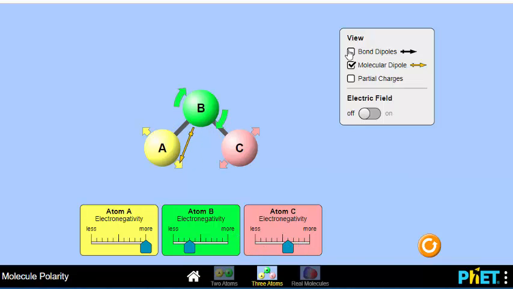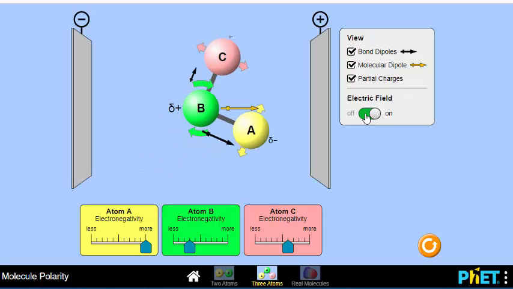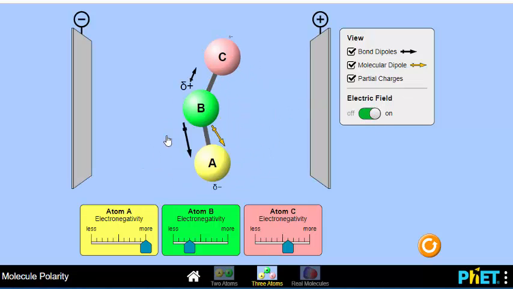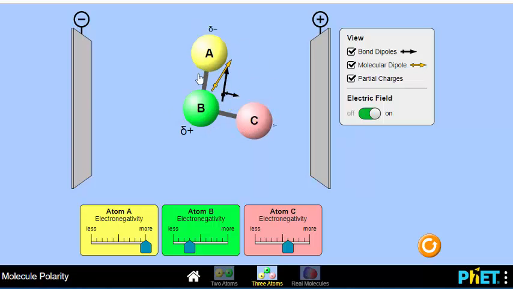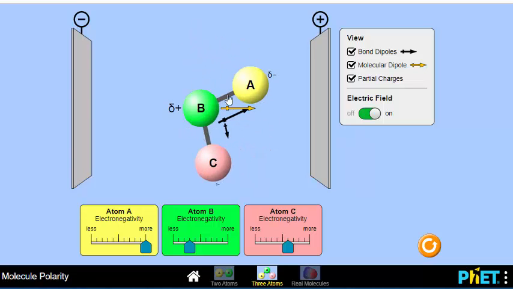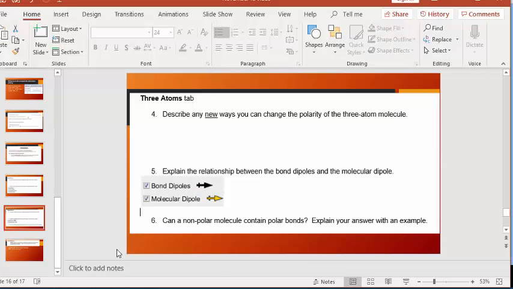Because it's a molecular dipole arrow we are looking at. We have our bond arrows. We can see where the more polar side is. And then we can look at our partial charges. And I just like to have the electric field on because I just like to move these around and watch them all go the direction they're supposed to go. All right, so that's going to answer that question.